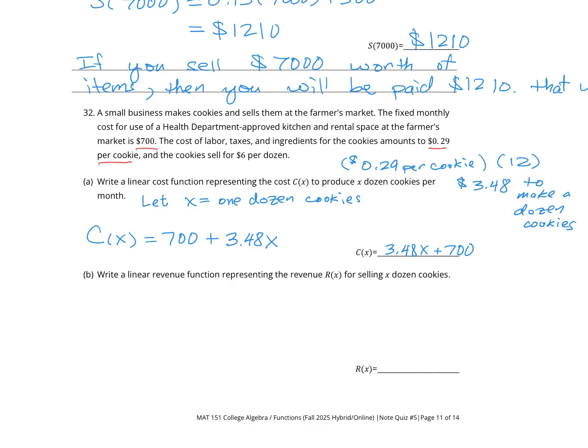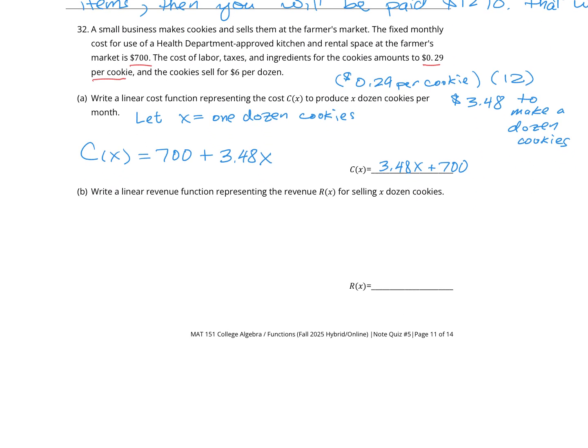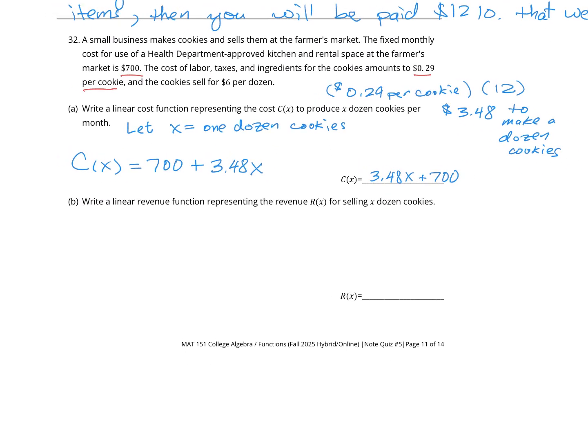Now we're going to talk about revenue. And you don't want to confuse revenue with profits. Revenue is the money that you're bringing in at the end of the day in sales. Think of it as just money in your cash register when you're done, or total sales sitting inside of your iPad if you're selling with a more modern approach. So the revenue function is really easy to find.